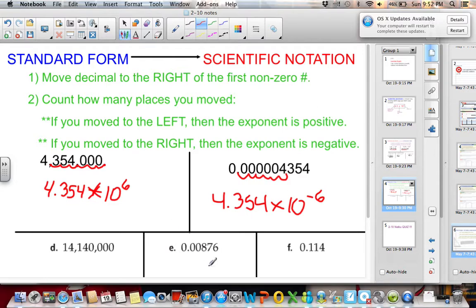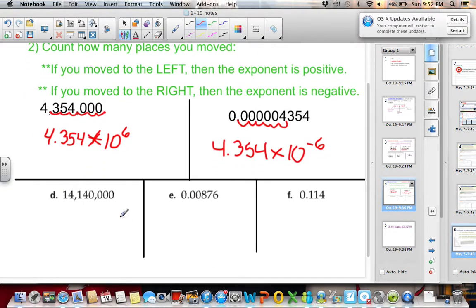Okay, let's do another one together. If we have 14,140,000, my decimal is right here at the end. I know that I want to get all the way over to right after my 1, not 14, because 1 is my first non-zero number and it's the number that is between 1 and 10.